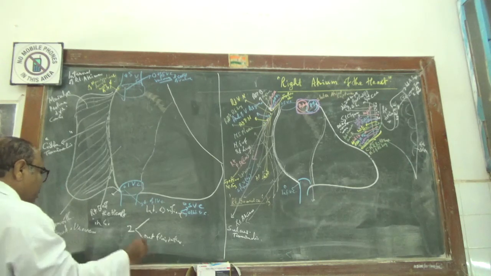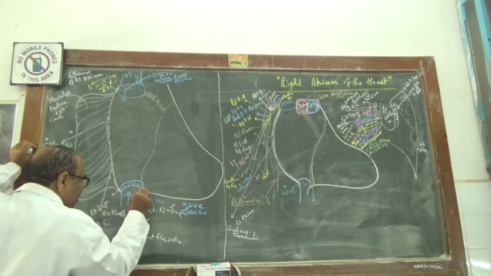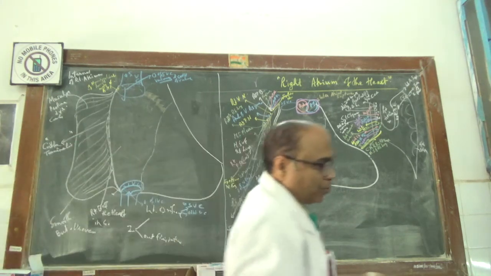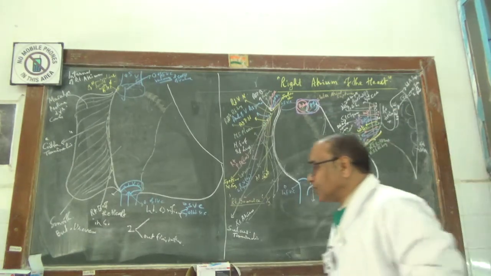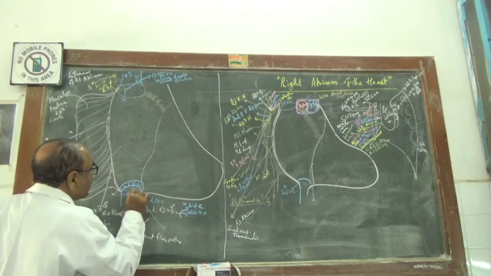So the blood here will be running against gravity, so you will have a valve, the valve of the inferior vena cava.